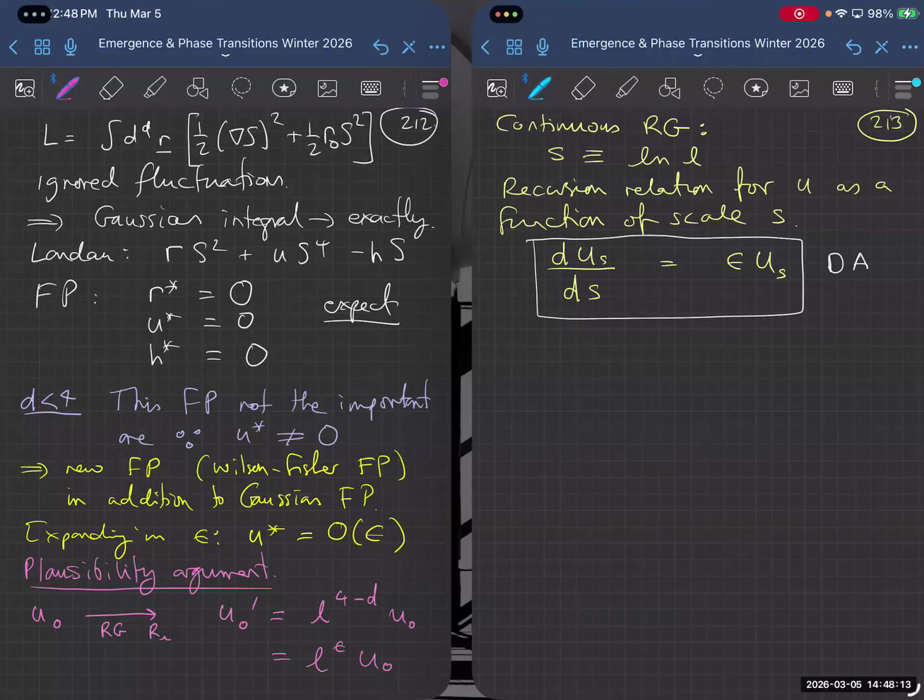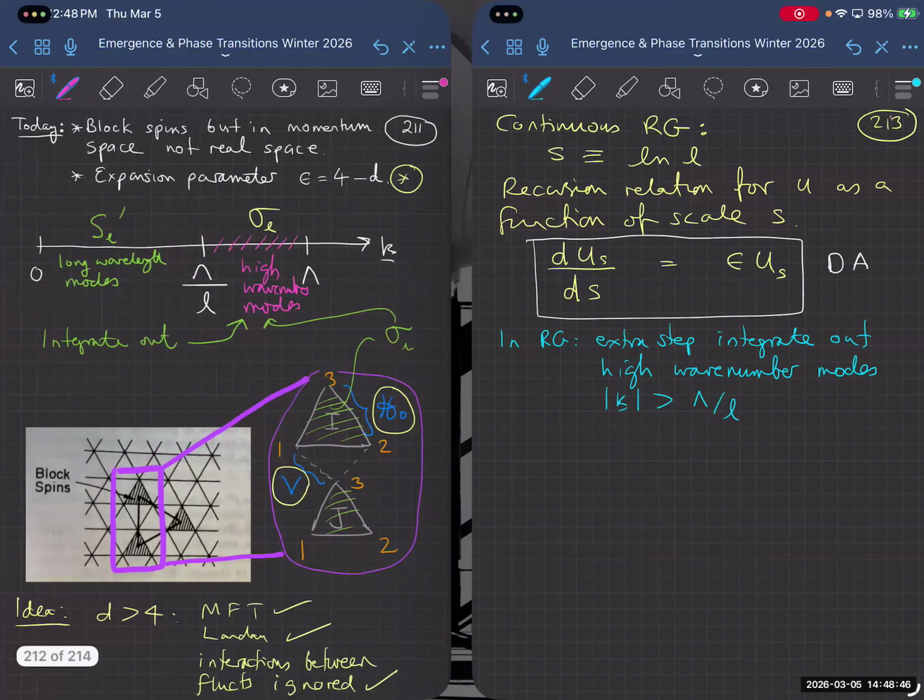Now, what comes next? In the renormalization group, the extra step that we do, compared to just naive dimensional analysis, is that we integrate out high wave number modes, and they interact. So we're integrating out k values greater than lambda over L, just as I showed you on the left-hand panel here.